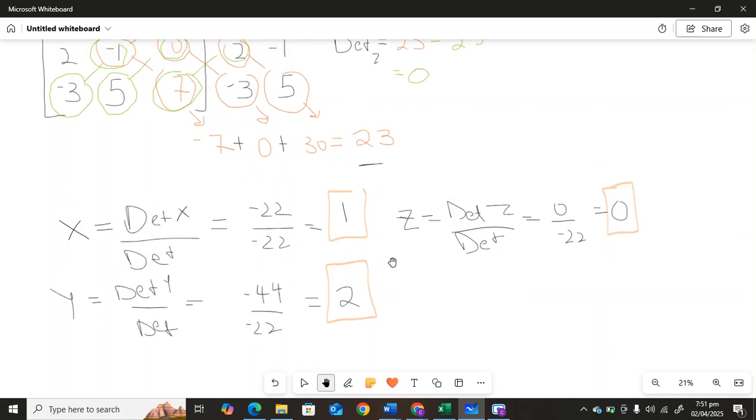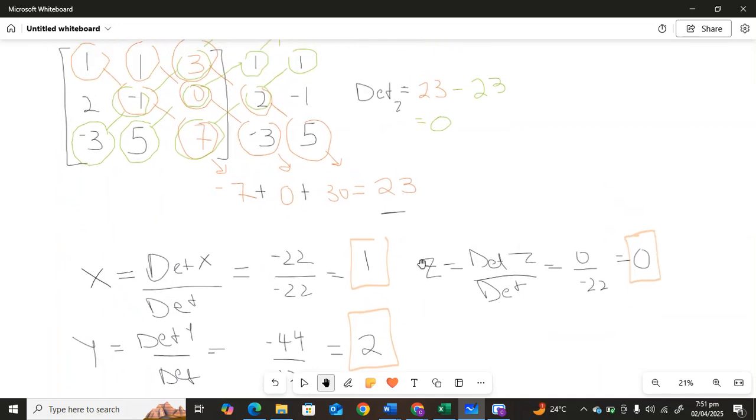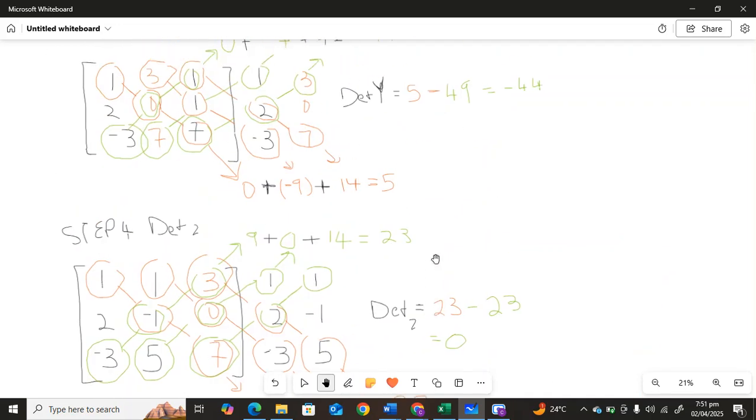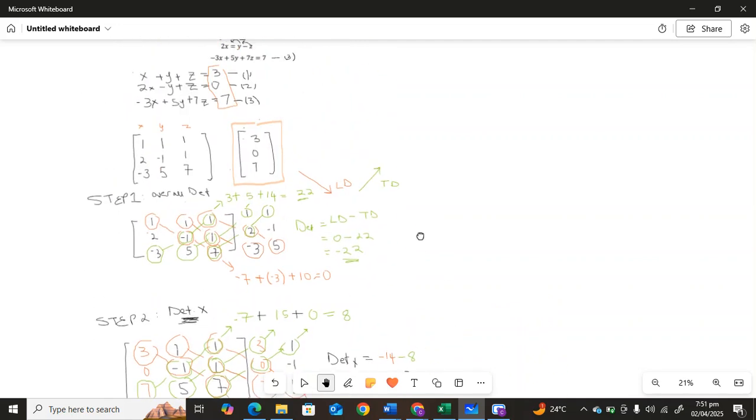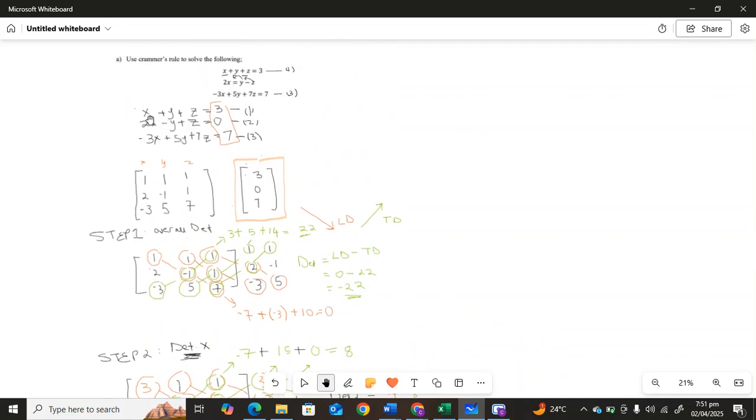And we can check to see if these answers hold true. Okay, you can pick any equation. Equation 1, we can use equation 1. X plus Y plus Z equals 3. So X, we said it's 1. Y, we said it's 2. Z is 0. So 1 plus 2 plus 0, that gives you 3.